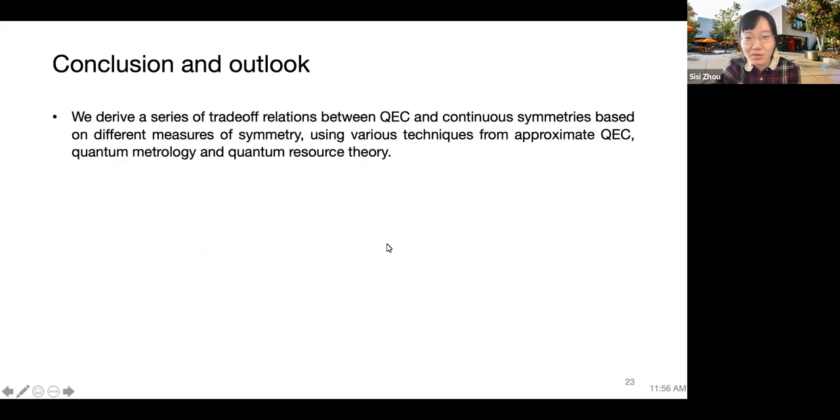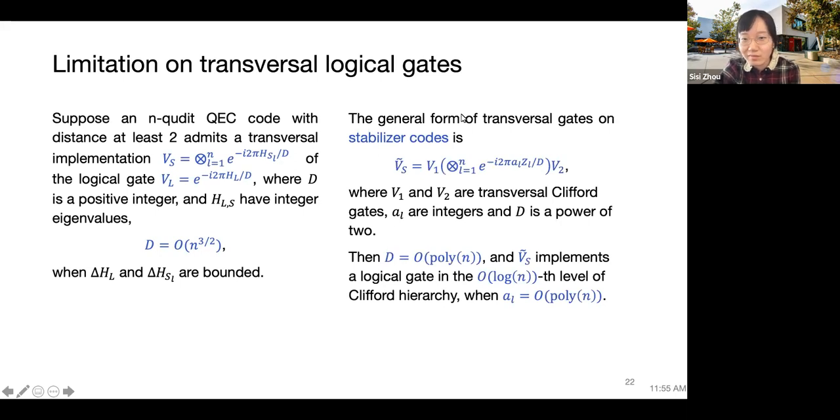And we can also use this whole thing in terms of stabilizer code. For stabilizer code, the transversal gate has this general form, where we have this transversal gate operator here, and we also have transversal Clifford gates before and after this, and this is the Pauli operator.